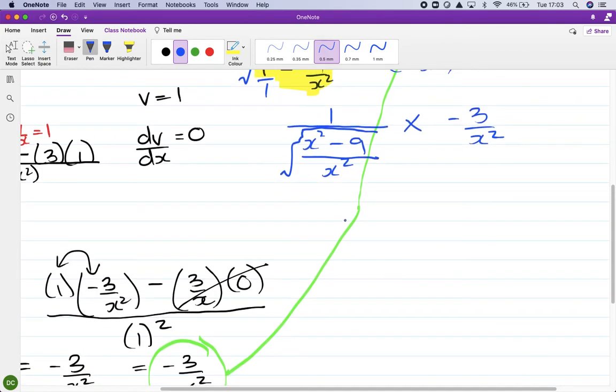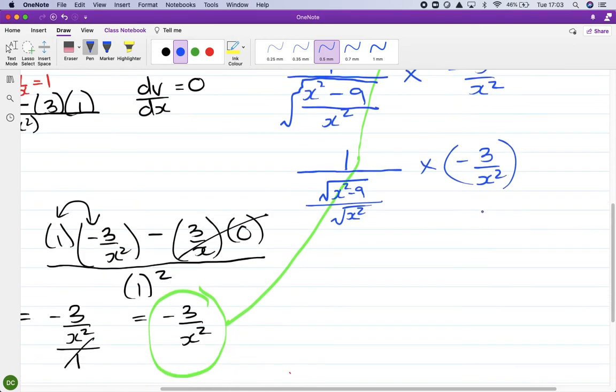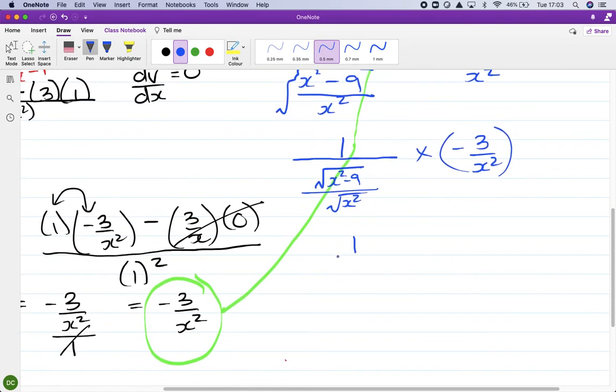Okay. I can't do anything with that. So 1 over, I'm going to split this up. So when you have a fraction under a square root, you can split it up and make it the square root of x squared minus 9 over the square root of x squared. And that's going to be multiplied still by minus 3 over x squared. So 1 over, right, I can't do anything with x squared minus 9, but the square and the square root cancel here, so it's just over x, and then that's still multiplied by minus 3 over x squared.